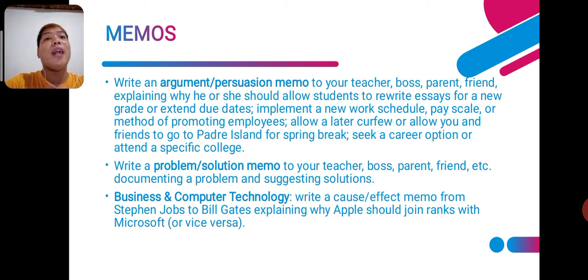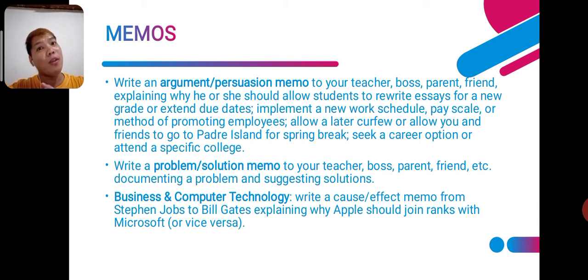We also have an argument or persuasion memo. You can write that to your teacher, boss, parent, friend, explaining why he or she should allow students to rewrite essays for a new grade or extend due dates, implement a new work schedule, pay scale or method of promoting employees, allow a later curfew, or allow you and friends to go to Padre Island for spring break, seek a career option, or attend a specific college.